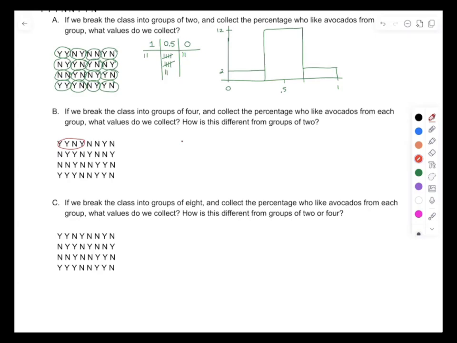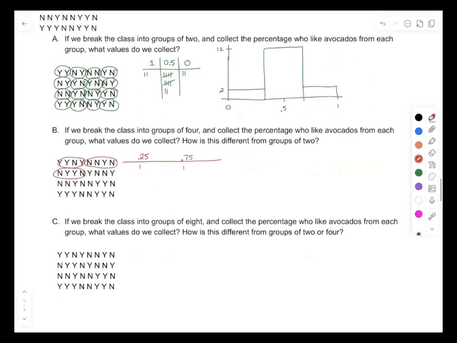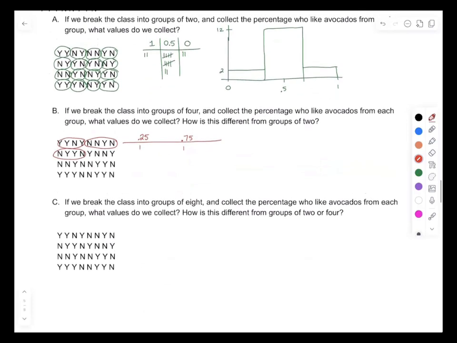So I think I'm going to make a table like I did before. 75%, got 1 in that category. And then in the next one, I've got 1 Y and 3 N's. So that's going to be down in the 25% category. Here, 2 N's and 2 Y's. Oh, sorry about that. I got a 50-50 split for that one, so that one will be right in the middle in that 50%.